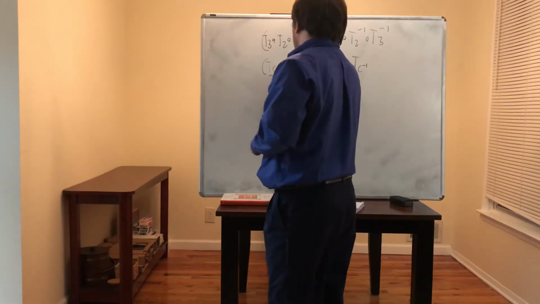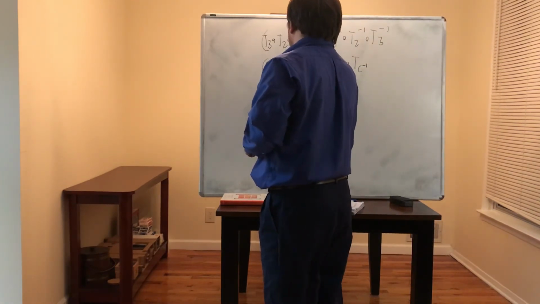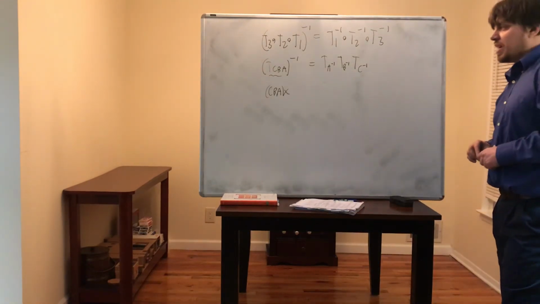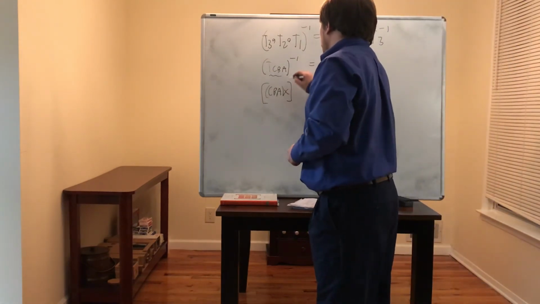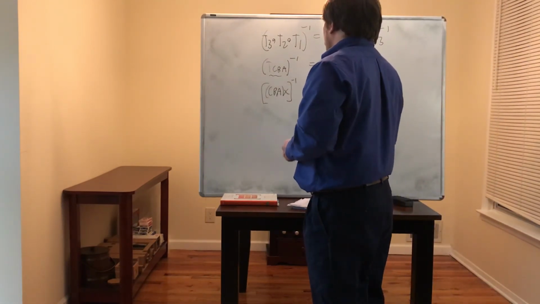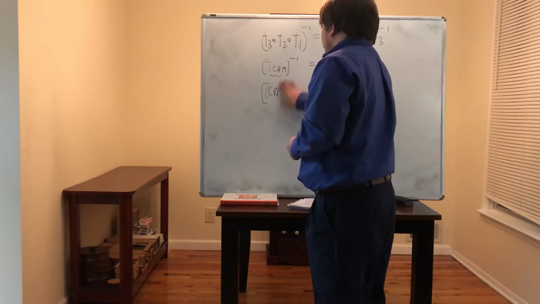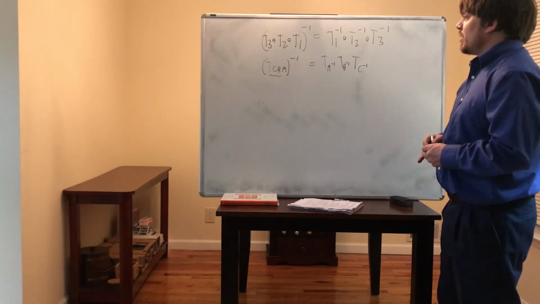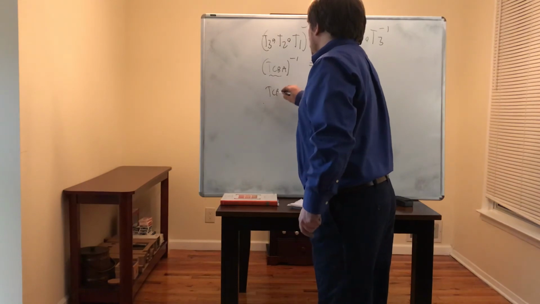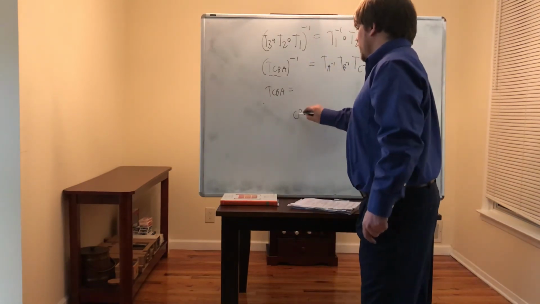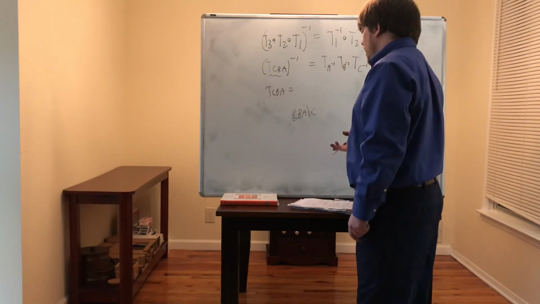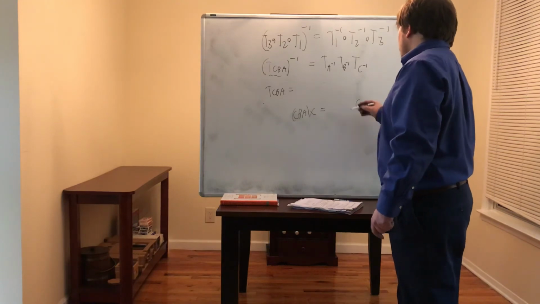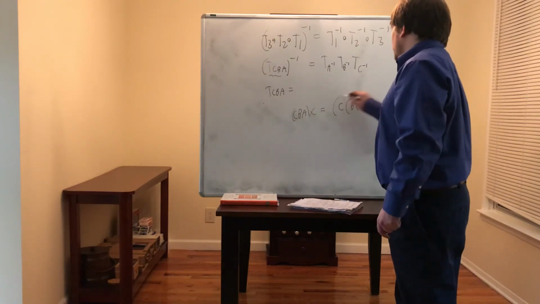So T sub CBA is the transformation CBAx, left multiplication of vector x by the matrix product C times B times A. Now if I take the inverse of this left multiplication by CBA, well, T sub CBA is left multiplication by CBA. But this is the same as starting with x, then left multiplying by A, then left multiplying by B, and then left multiplying by C.